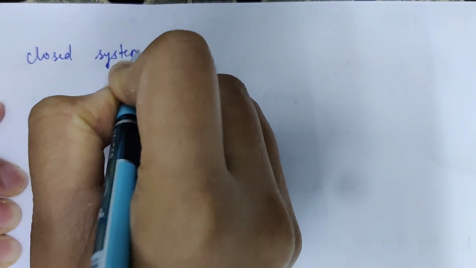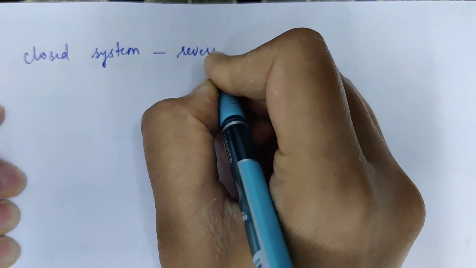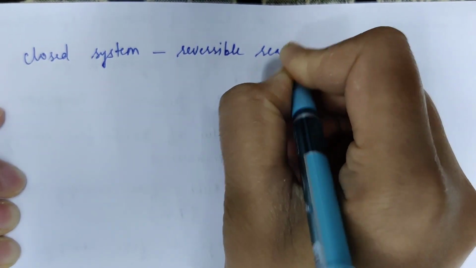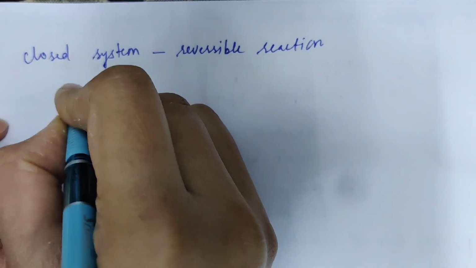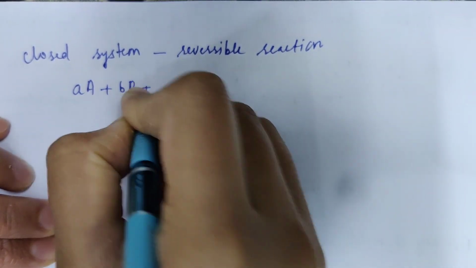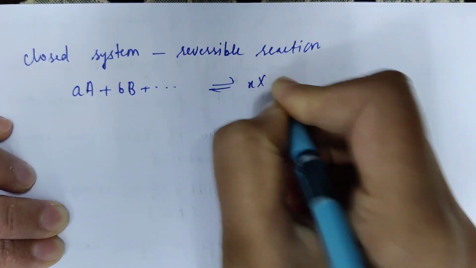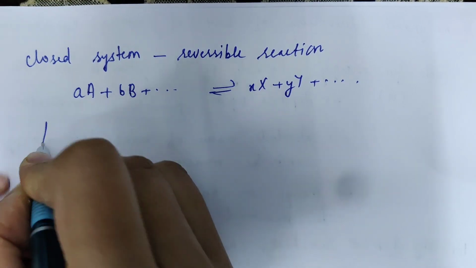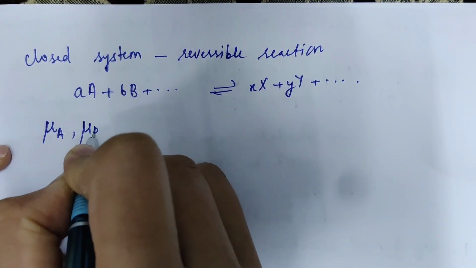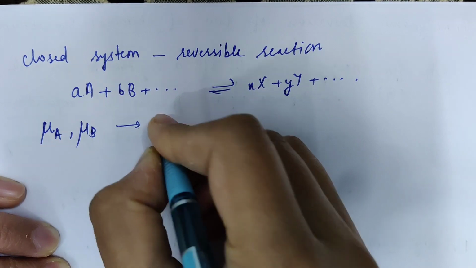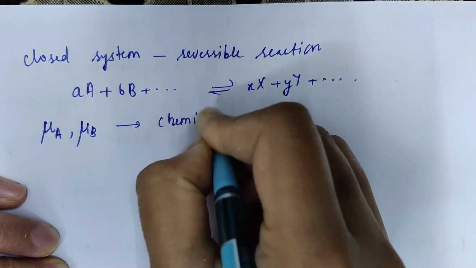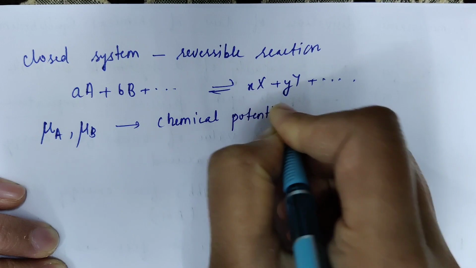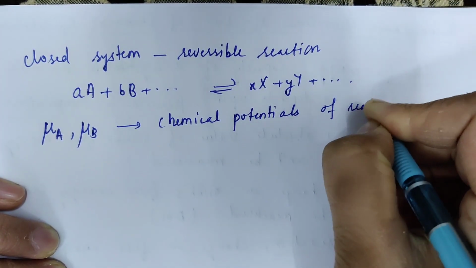Now let us consider a closed system having a reversible reaction. Let's say the reaction is A plus B plus so on to give you X plus Y plus so on. And let's say these are the chemical potentials of the reactants.